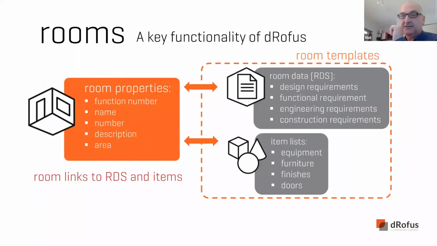So again, I reinforce what I've just said. This is the functionality of dRofus. The dRofus database manages room properties, data, and its relationship to items such as equipment in these rooms. Having templates for room data and item lists for rooms, which can be copied, derived, or set as unique for managing multiple complex rooms and data requirements, is the way to go.